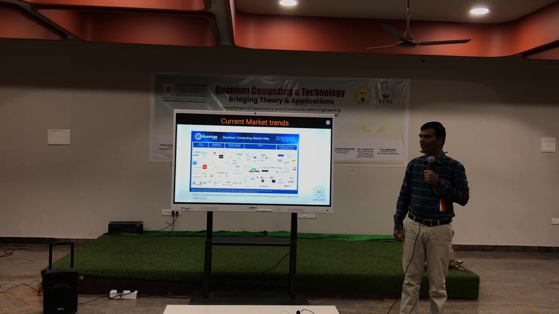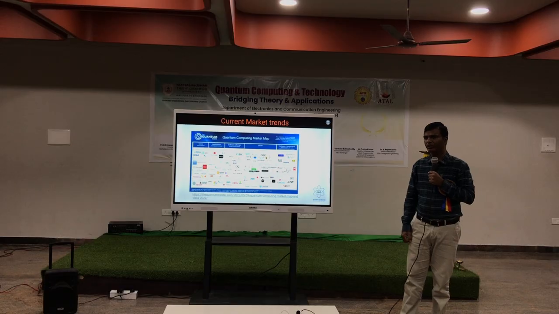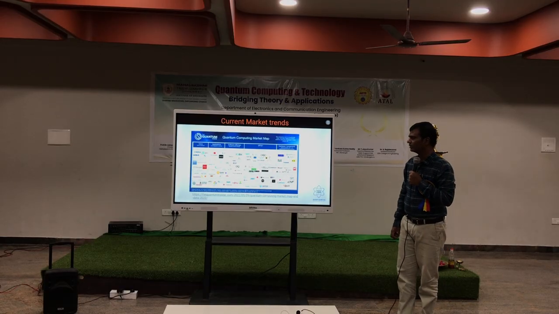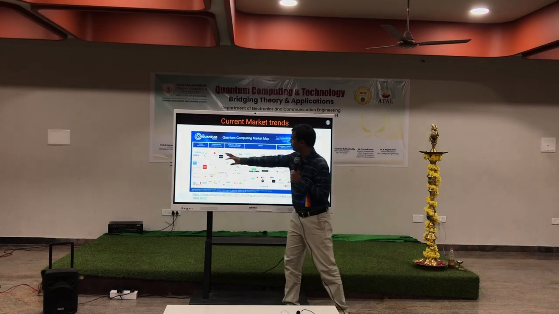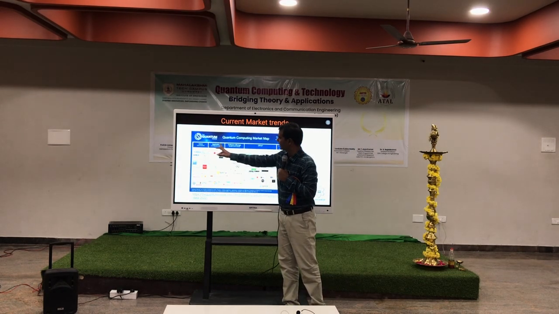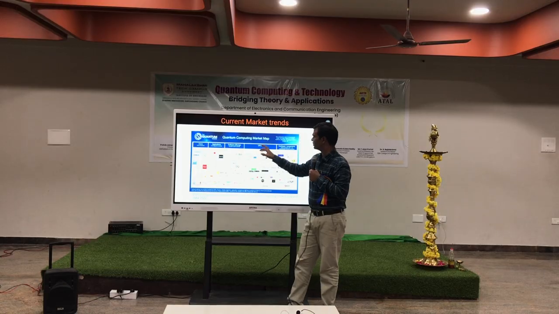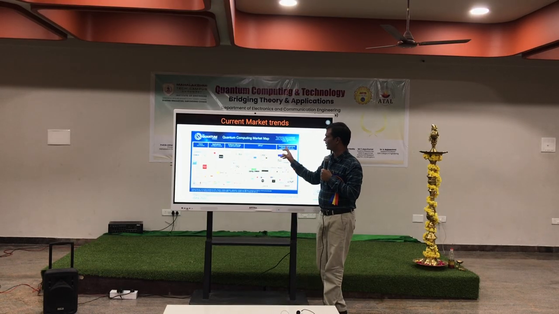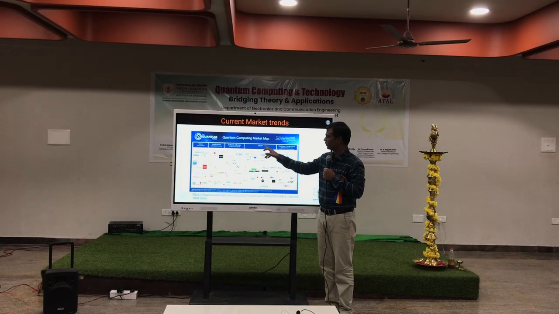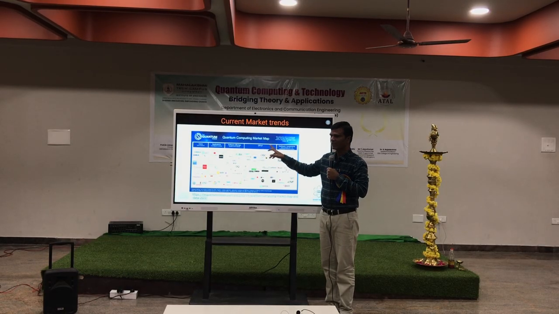They are spending billions of money throughout the world. And these are the main areas: quantum users, applications, software offerings, and especially hardware components like QPUs.